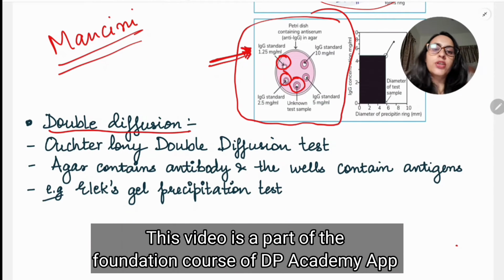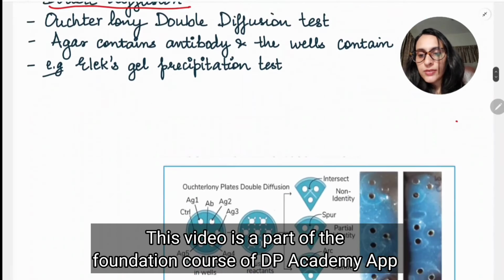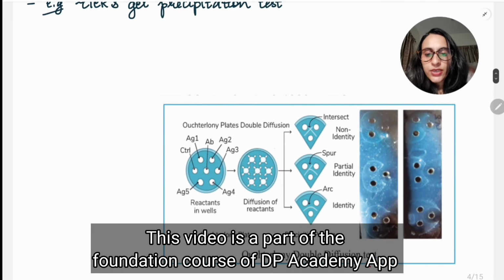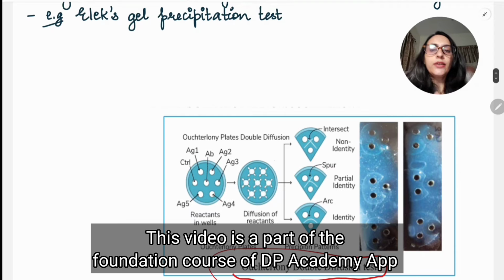Now coming to double diffusion. In double diffusion, both antigen and antibody move. And here this example is known as the Ouchterlony double diffusion test. In the Ouchterlony double diffusion test, there is an agar that contains the antibody and the well contains the antigen. And here you can see different antigens.